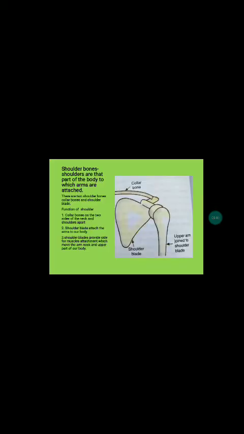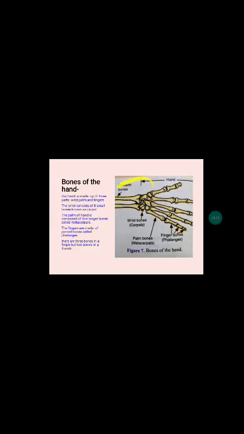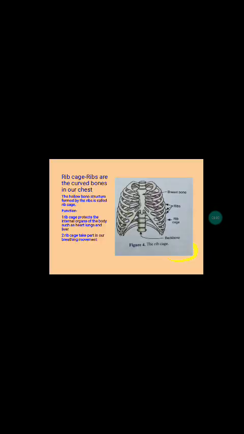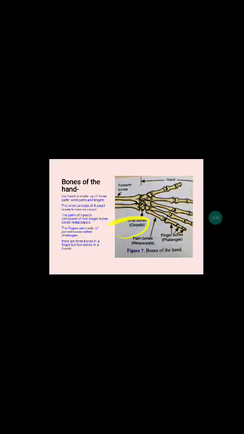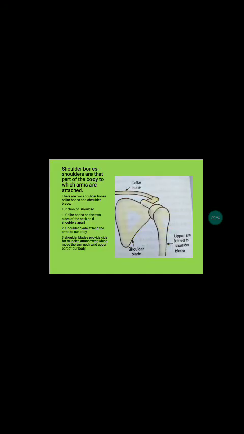Now come to the shoulder bone. Shoulders are that part of the body to which our arms are attached. हमारे shoulders में जो parts होते हैं वो arms से attached होते हैं. We have two bones which form the shoulder, collarbone and shoulder blade. This is also a shoulder blade. So what is the function of these two bones?